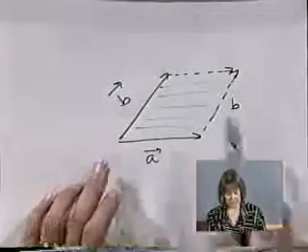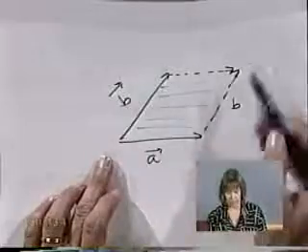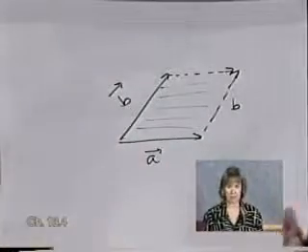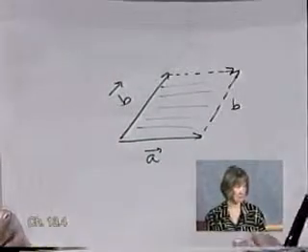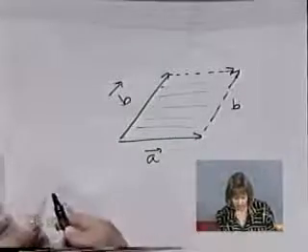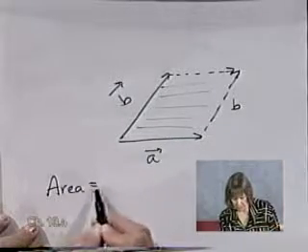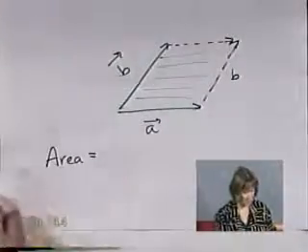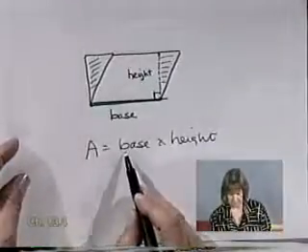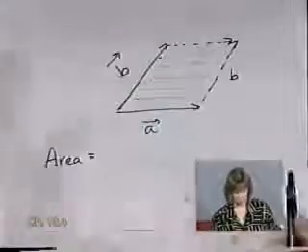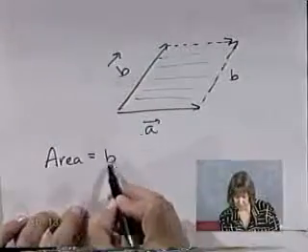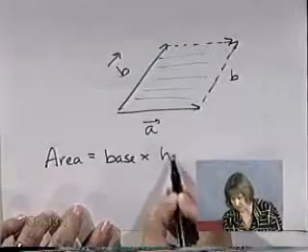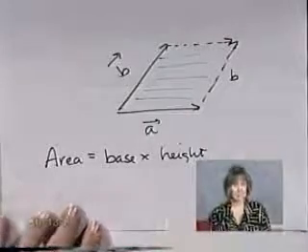Vector A and vector B, if you draw a line parallel to A and a line parallel to B, determine some parallelogram. What would the area of that parallelogram be? We just said the area of the parallelogram is its base times its height.